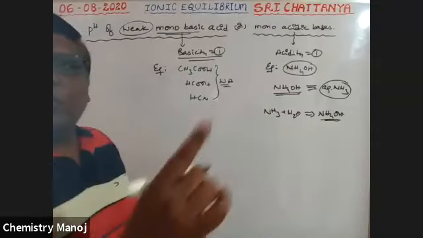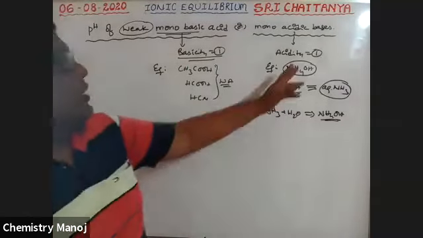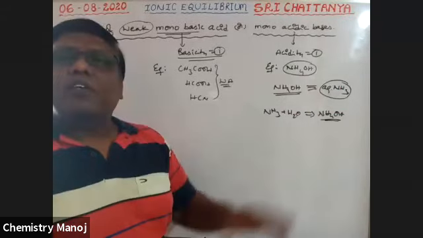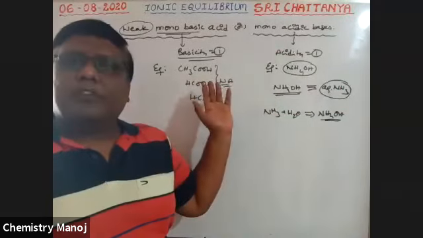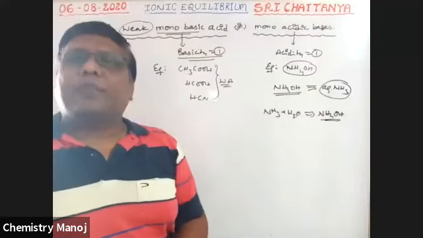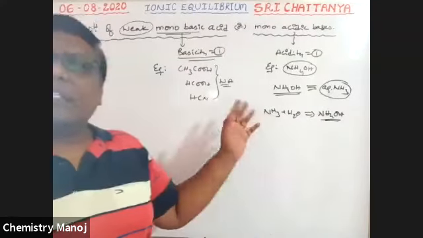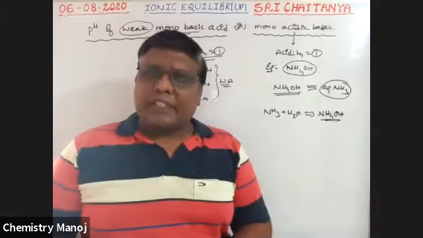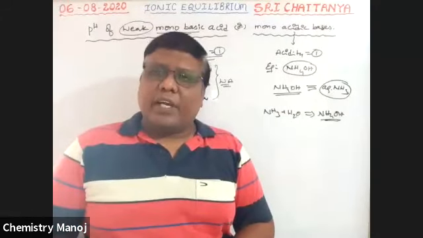Their acidity is equal to 1. Therefore, these are weak monoacidic bases. So for this type of chemicals, how to calculate pH? Because these are weak, all these chemicals are not completely ionized in aqueous solutions.